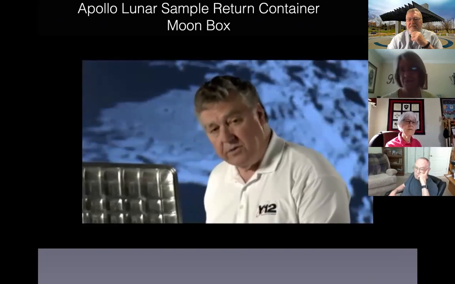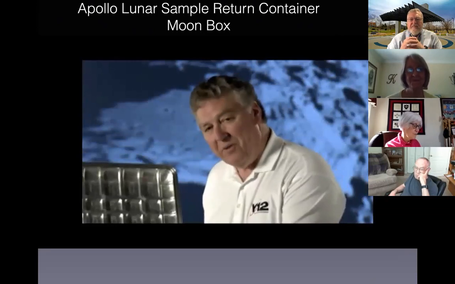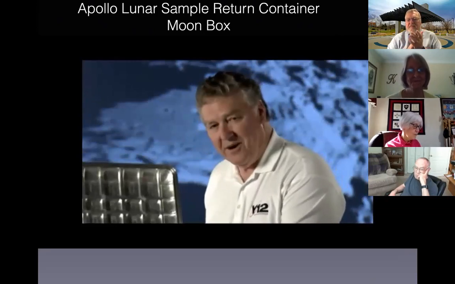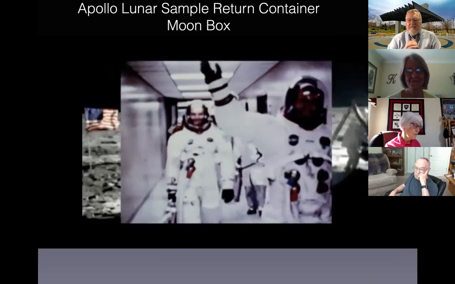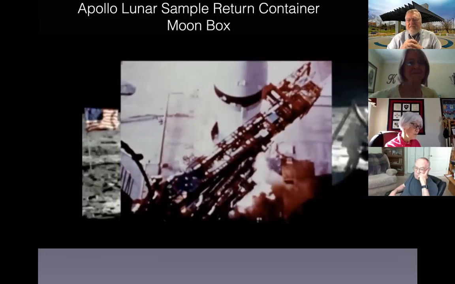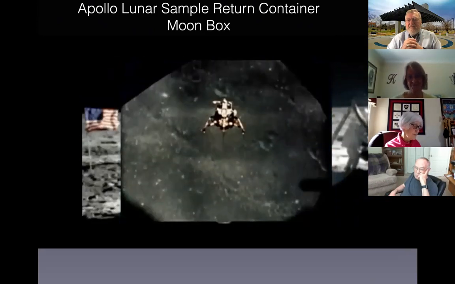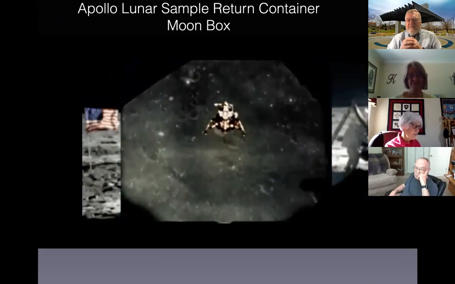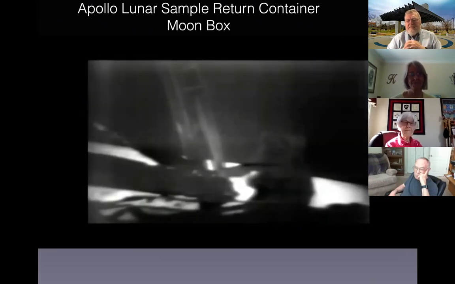Very valuable research information being gained from it. All brought back in boxes made at Y-12. 5, 4, 3, 2. Tranquility Base here. The Eagle has landed. That's one small step for man, one giant leap for mankind.